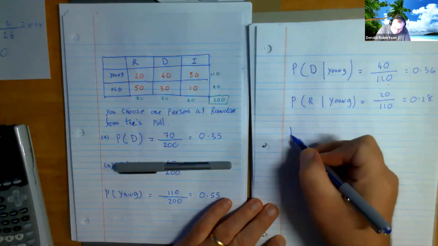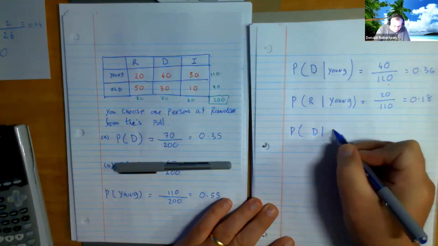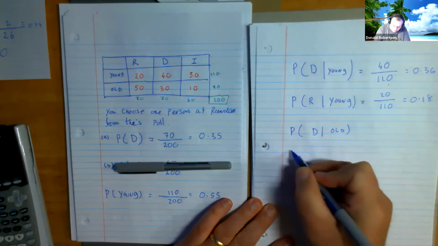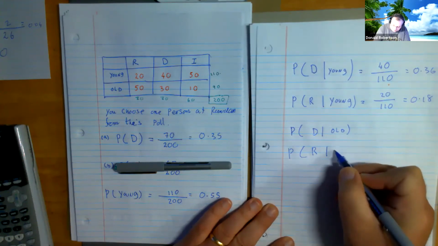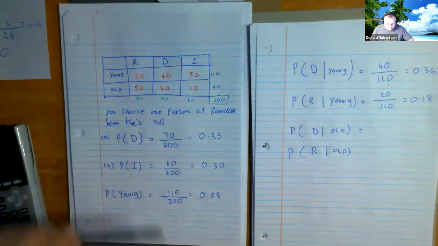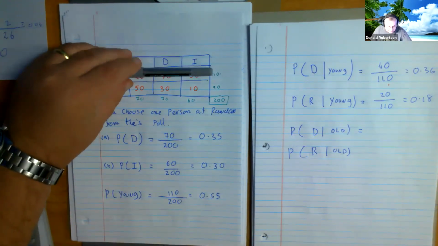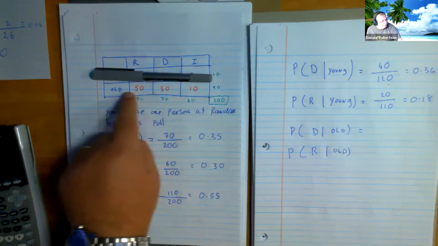Okay, let's try a different one. What's the probability that you vote Democrat given that you're an older person? And let's do the probability that you vote Republican given that you're an older person. In this case, won't the world change a little bit? Since you're told that it was an older person, do you see the world now is that bottom row?